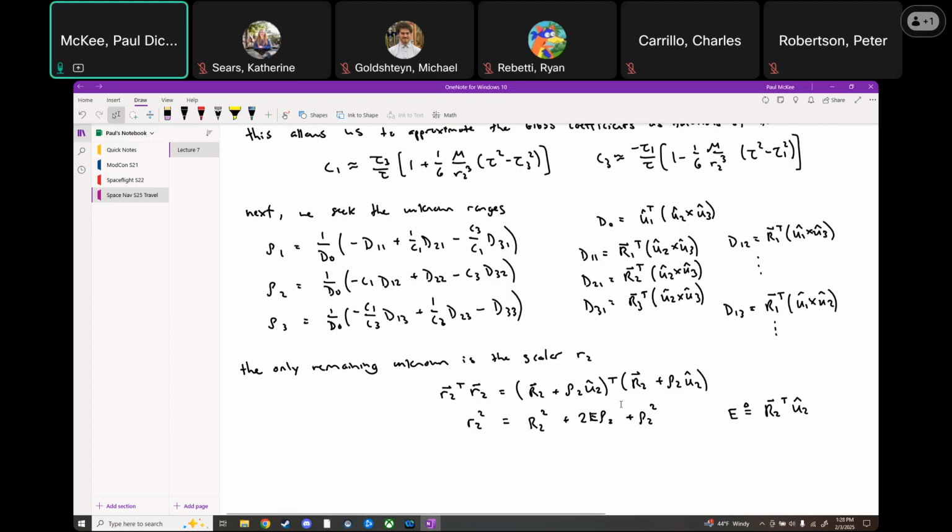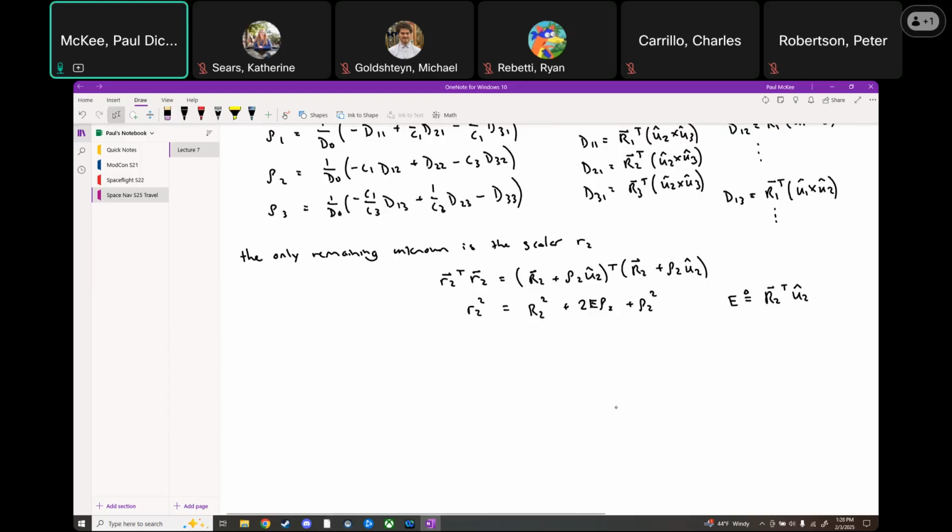Okay, so how does that help us? Well, again, we're going to skip several steps. After much algebra, we can write an 8th order polynomial that looks like this.